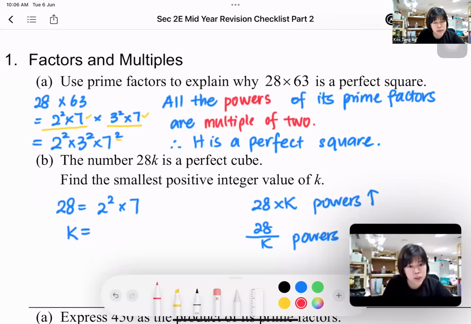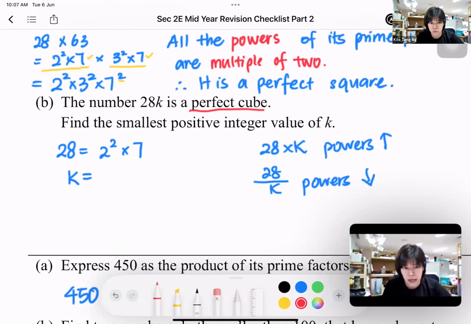All right, next one, the number 28 times k is a perfect cube. Perfect cube, so the powers are multiples of 3. As what we have revised last session, 28 times k, the power must increase. If I have division, then the power will decrease.